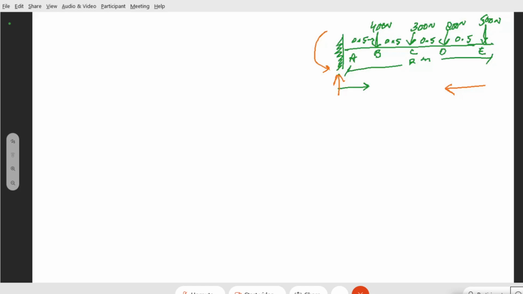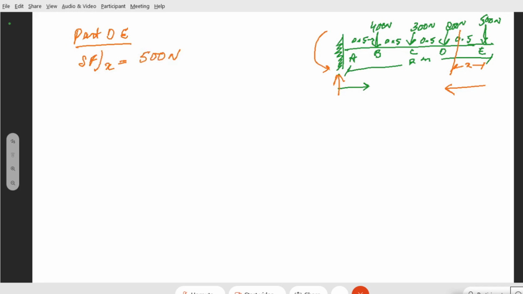So what will I do firstly? I'll consider a section X which is at a distance of X from point E. The first part is, let's say, part DE. I'll try to see how the shear force and bending moment vary between D and E. Shear force at any point X will simply be equal to 500 Newton.